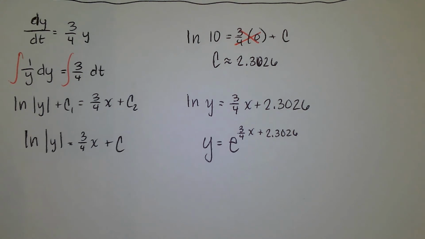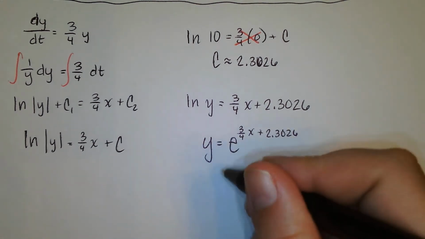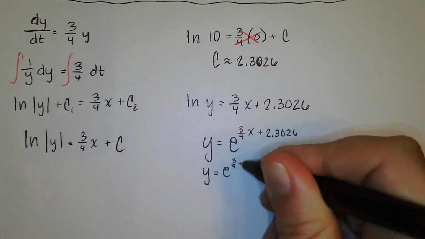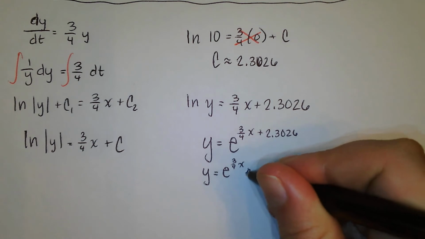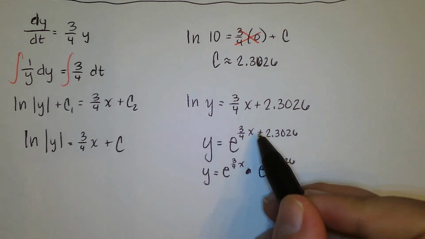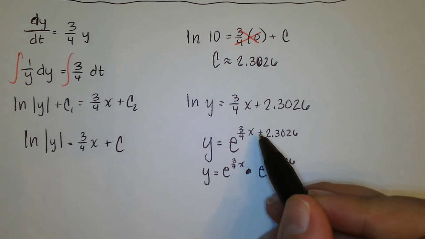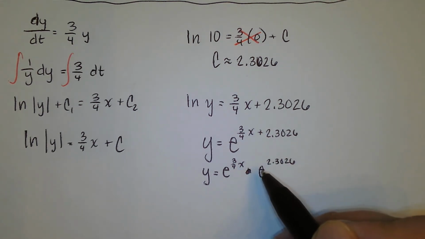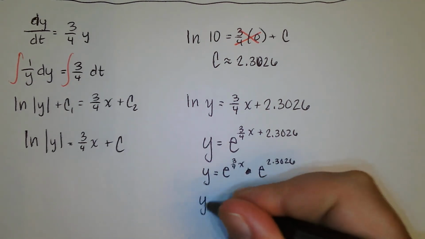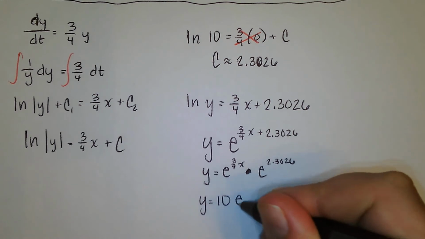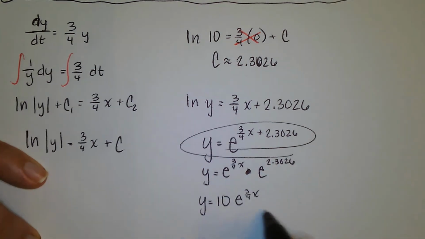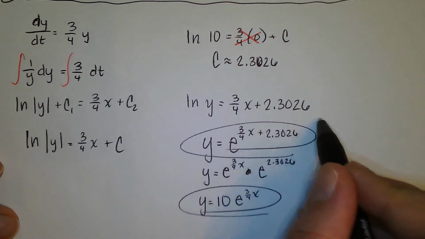As we've discussed in class, there's different forms that are all acceptable. So this could be rewritten as y equals e to the 3/4 t times e to the 2.3026, because when the exponent is added, we can separate it into two powers combined with multiplication. E to this power should equal 10, so we can actually have y equals 10 e to the 3/4 t. So either of these would be completely acceptable, as well as the first one.